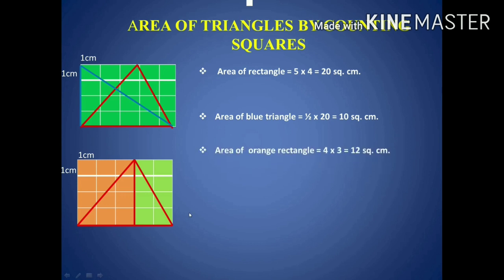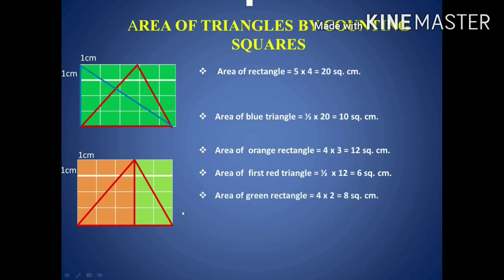For this we calculate area of orange rectangle, that is 4 multiplied by 3 equal to 12 square centimeter. So area of first triangle is half of orange rectangle, that is 6 square centimeter. Next, area of green rectangle is equal to 4 multiplied by 2 equal to 8 square centimeter.